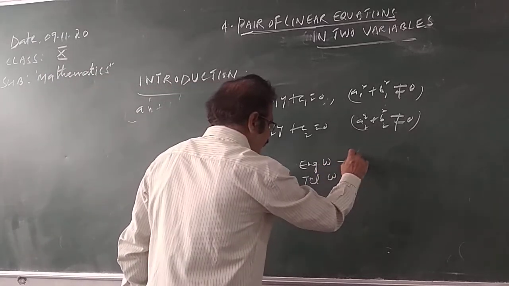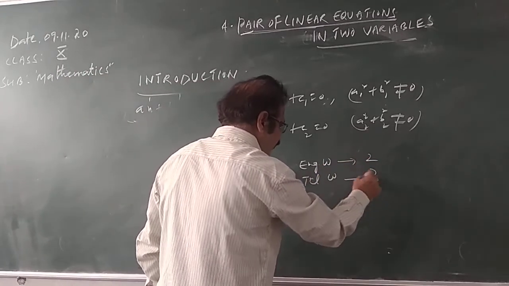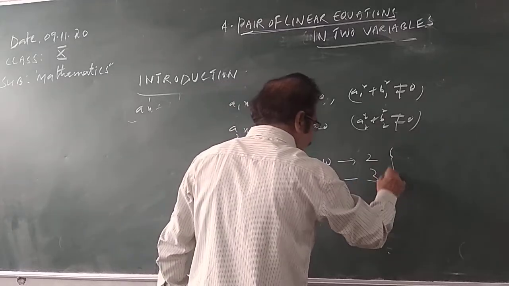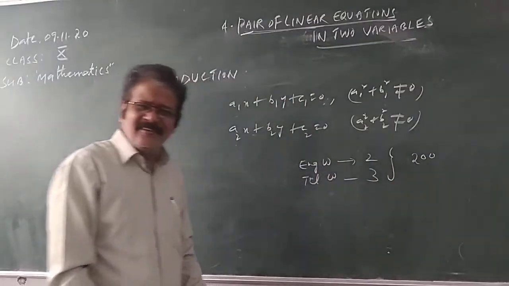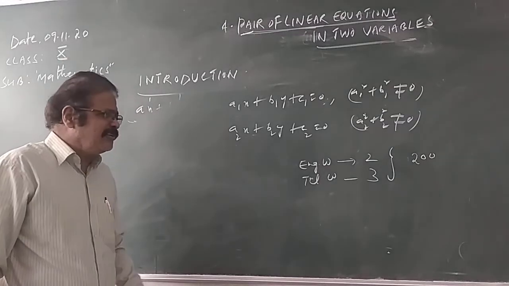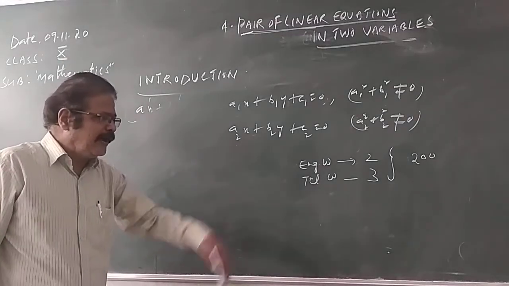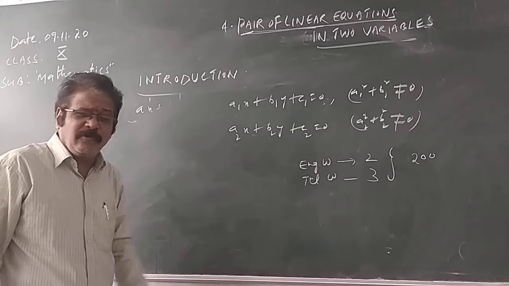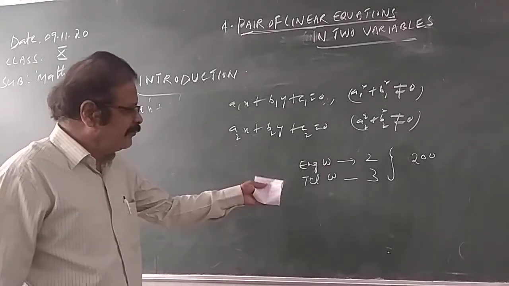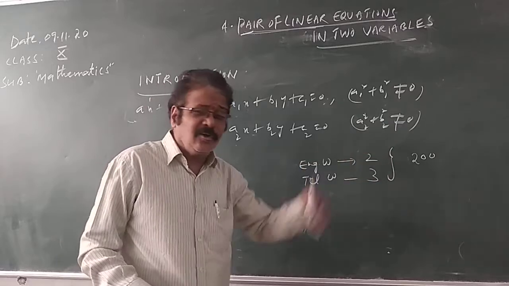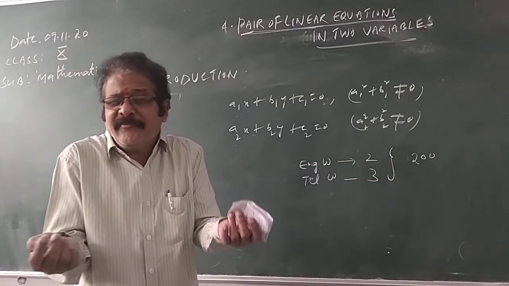English workbooks she brought 2, Telugu workbooks she brought 3, by paying how much amount? 200 rupees. We don't know each cost. What is the cost of one English workbook and what is the cost of one Telugu workbook? We don't know the cost of the individual item.